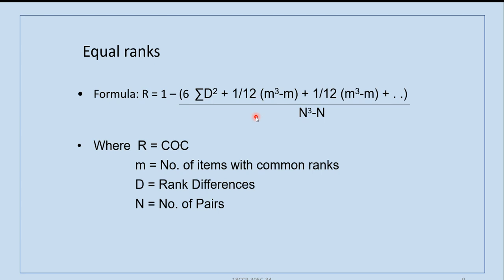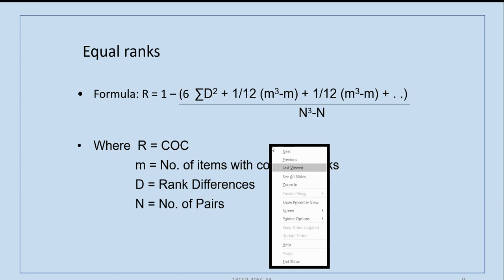We have already worked out some problems for Spearman's rank correlation, using the formula 1 minus 6 sigma d square by n cube minus n. So this part is an extension of that.